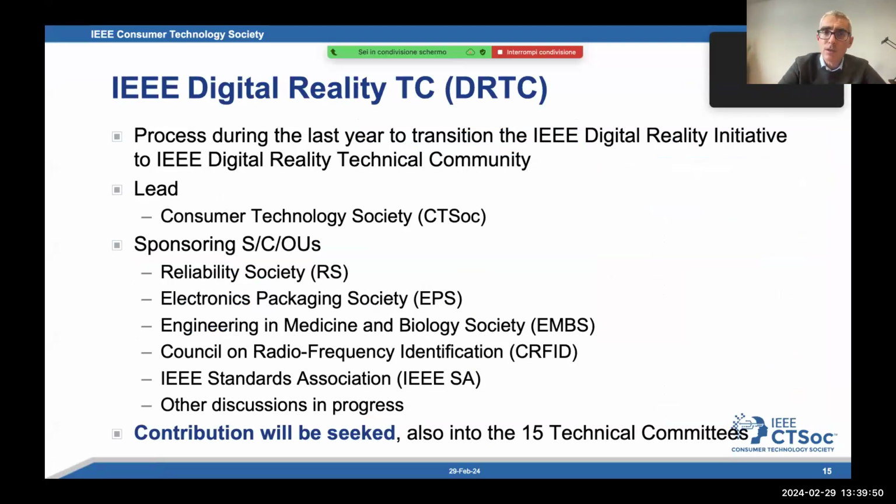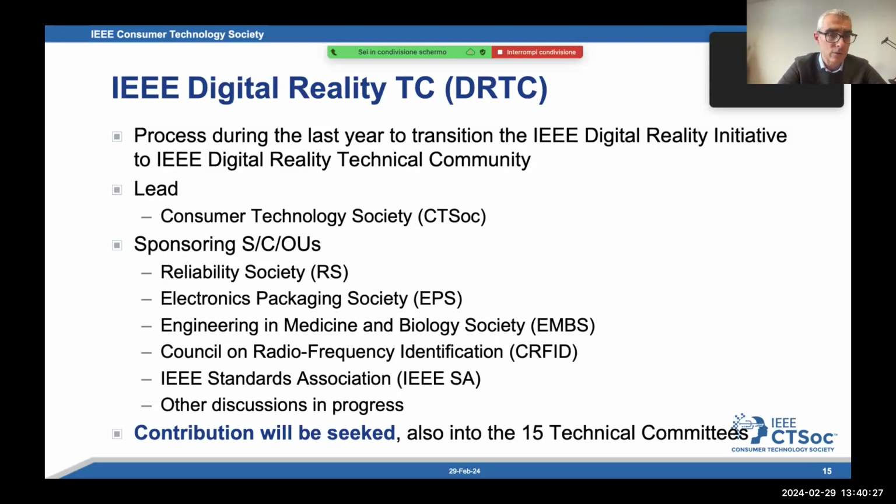Just a couple of words about the new initiative that is being launched, the Digital Reality Technical Community. It was born as a digital reality initiative, and then last year there was a process for transitioning it into a technical community under the lead of the Consumer Technology Society, with the participation of many different societies, councils and organizing units: the Reliability Society, the Electronics Packaging Society, the Engineering in Medicine and Biology Society, the Council on Radio Frequency Identification, and the IEEE Standards Association.